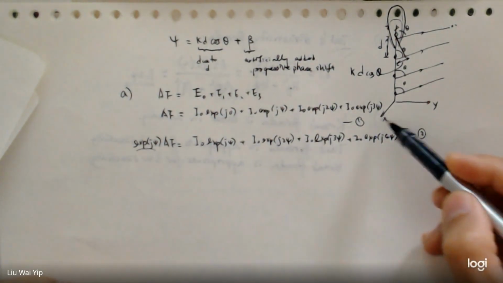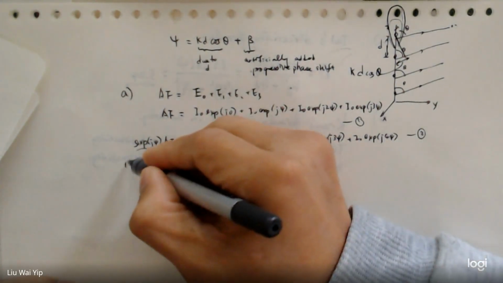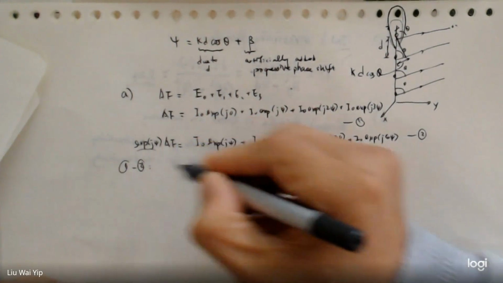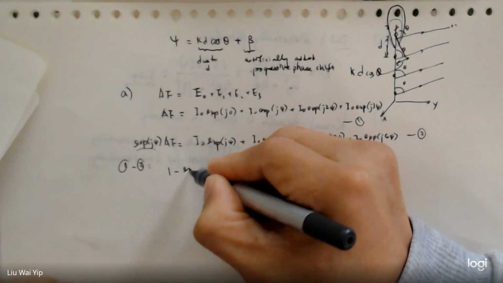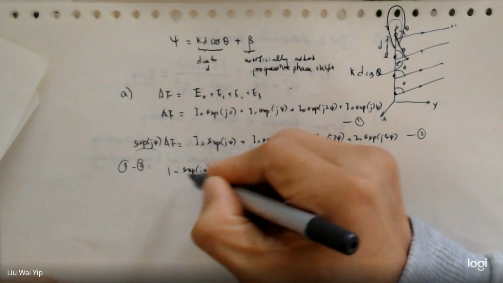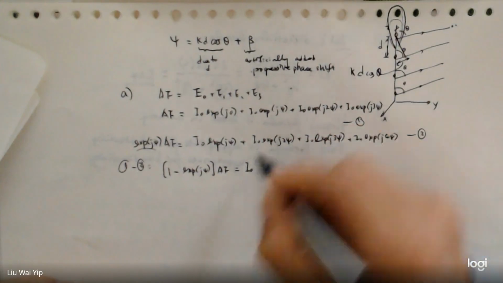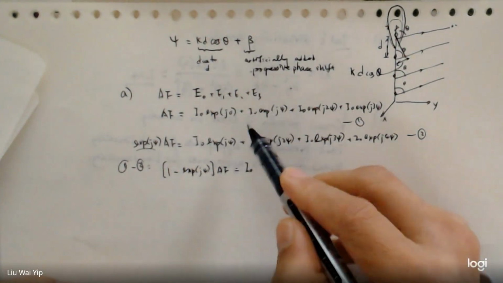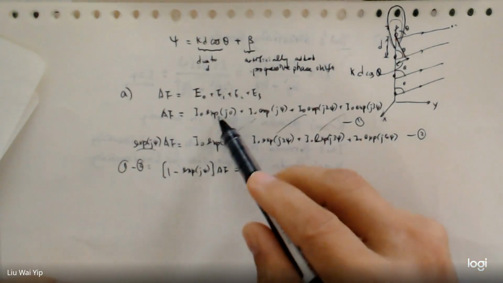If we find the difference between equation one and equation two, we end up with one expression. Here it is very clear that this and this cancel out with each other, so we end up with only these two terms.